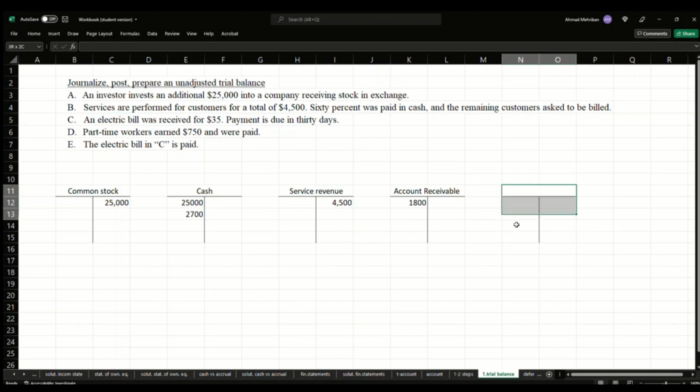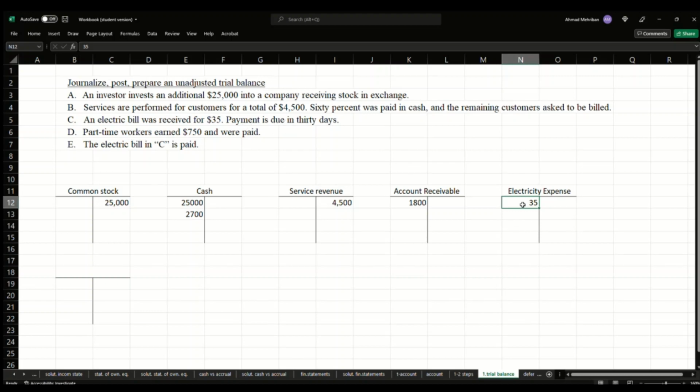I'll just copy because I need an extra T account. So the electric expense already happened. Electricity expense I recognize immediately because I have spent it, I've used it. So $35 will be recognized in my electricity expense, whereas the payment is due in 30 days.